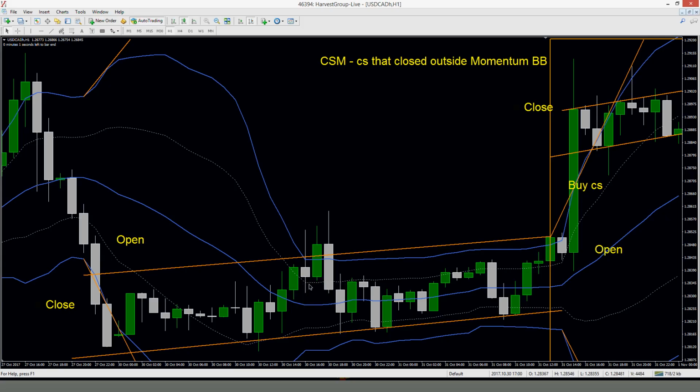This candle tries to break division 1, but it couldn't manage, so it went back up, breaking through top BB, which is a sideways Bollinger Band, and closes outside the Bollinger Band. So obviously the next candle open will be on this level. This level tries to go up, but because of the main function of the Bollinger Band, and this is a sideways Bollinger Band, then it has to go back down inside the Bollinger Band. So now it went back down, breaking through top BB and division 1.